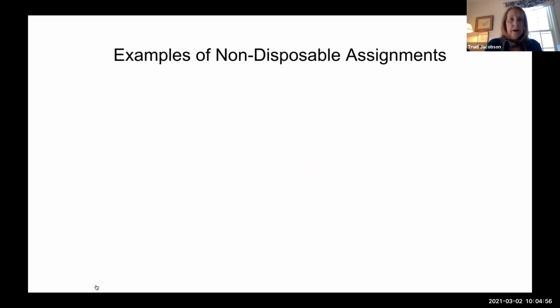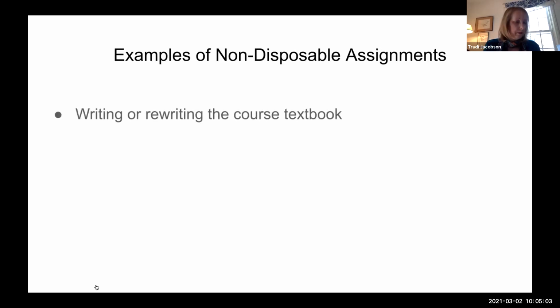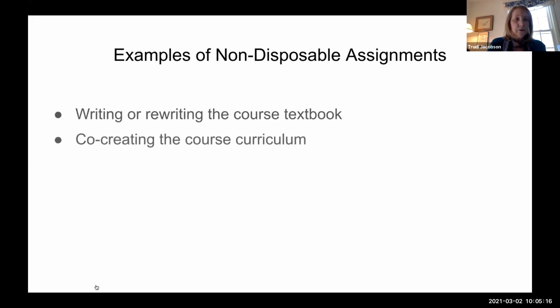So some examples of non-disposable assignments: writing or reviewing the course text, writing or rewriting the course textbook. And Veronica Dollar yesterday talked about writing a course textbook in her presentation. Co-creating the course curriculum is another example.